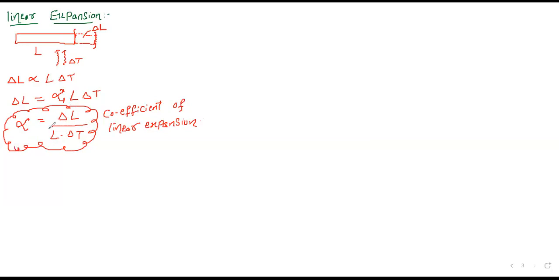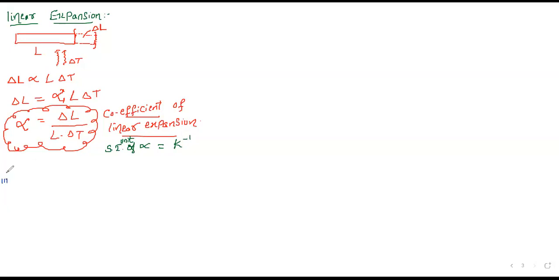What is the SI unit of alpha? The SI unit of alpha is per Kelvin, because the numerator length and denominator length get cancelled out. So the SI unit will be per Kelvin. So that is the coefficient of linear expansion.